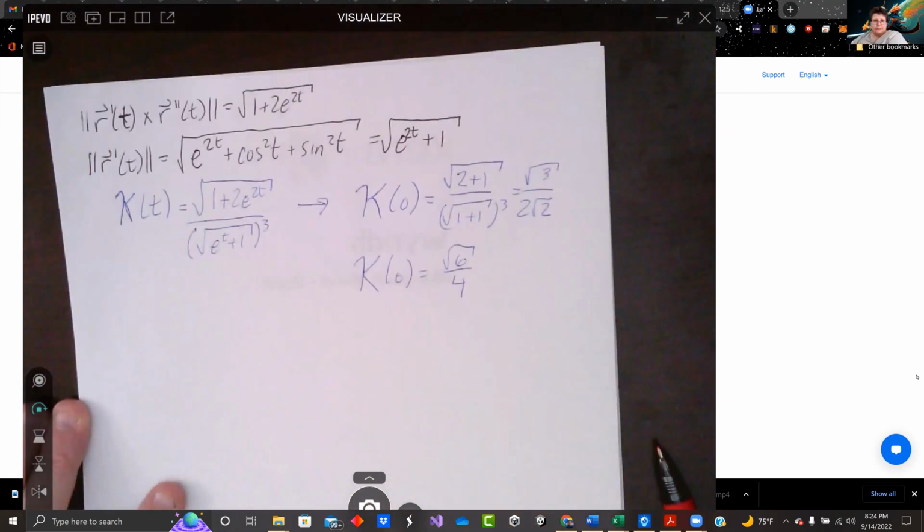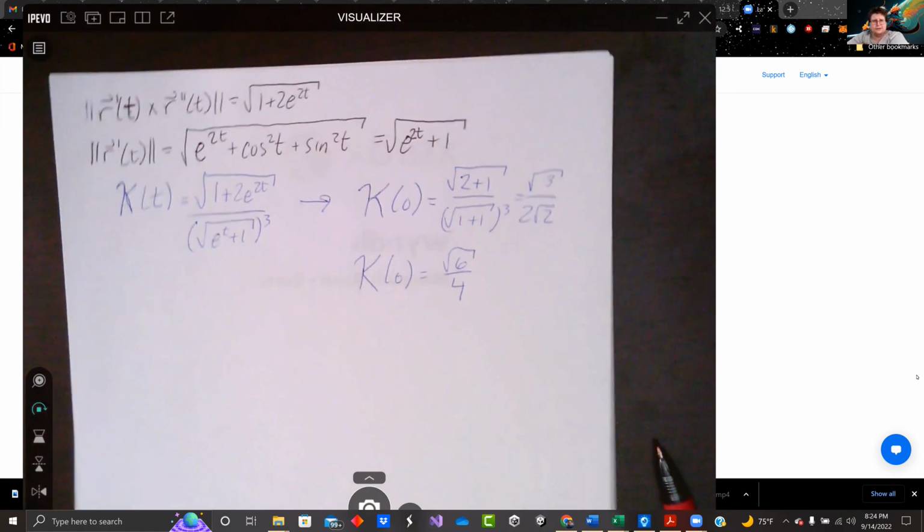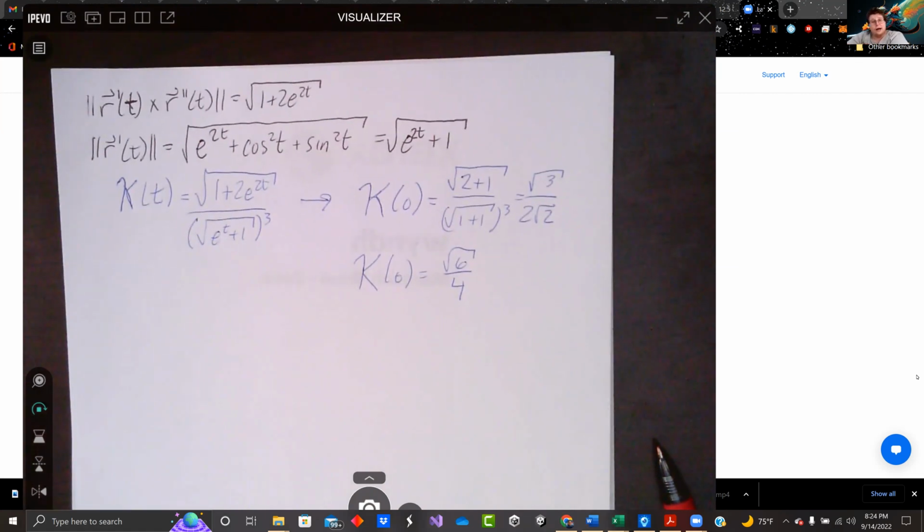So I rewrote that value up here, 1 plus 2e to the 2t, the square root. I wrote down the magnitude of r prime. We have the square root of e to the 2t plus cosine squared plus sine squared. So that simplifies to the square root of e to the 2t plus 1. It's almost identical to the numerator, right?